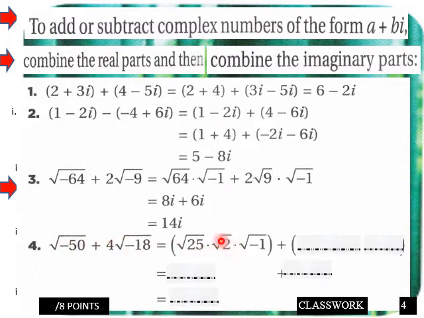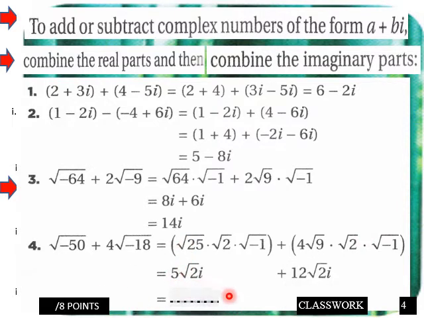Then same thing here, we're going to factor out stuff underneath our radical, use the radical property of division, and the same thing over here. We factor out certain forms for our radicals. 5 times 2i plus 12 times 2i, and then we combine these two here, 17 times the radical 2i.